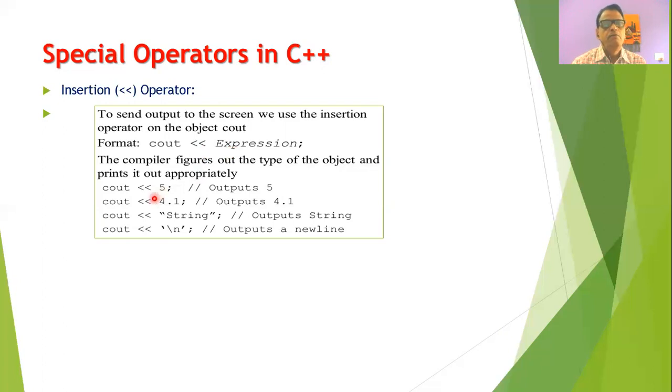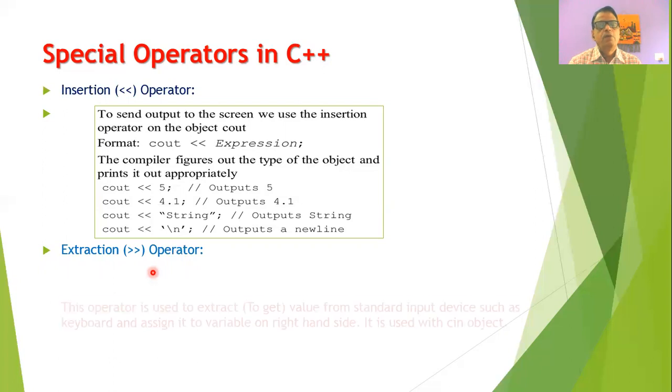Say, for example, when I write cout insertion operator 5, then the 5 will be displayed. If I write 4.1, then 4.1 will be displayed. If I write anything in double quotes, then the string will be displayed. And if I write \n, then the output will be transferred to the new line. There is another operator called the extraction operator.